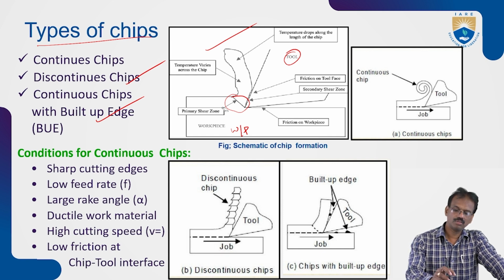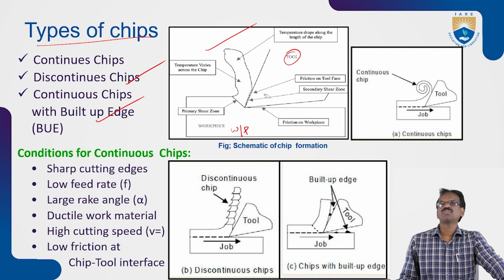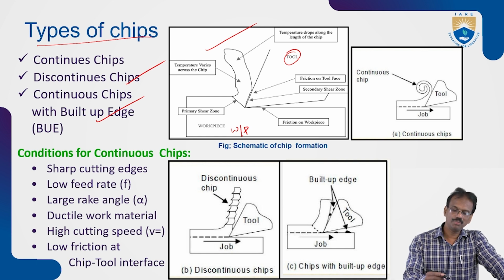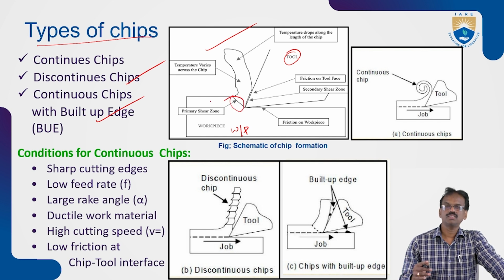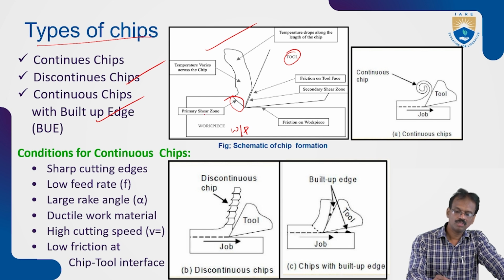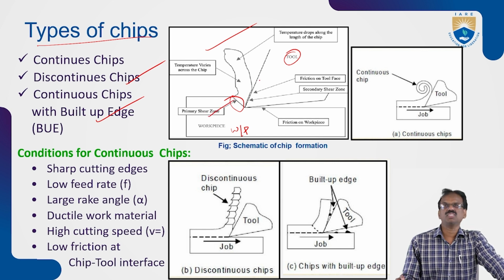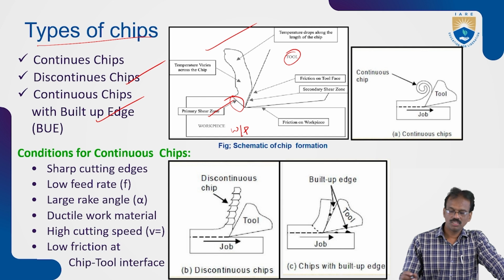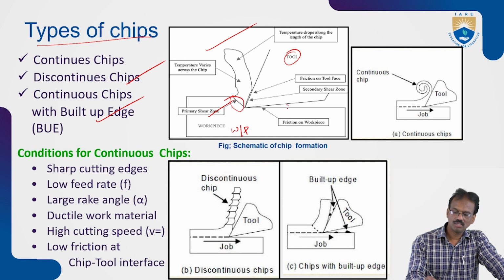In this process, due to friction, some heat will be developed in some regions. Mainly this is the primary region, in front of the tool, which is also the primary shear region. Next, this is the clearance angle.